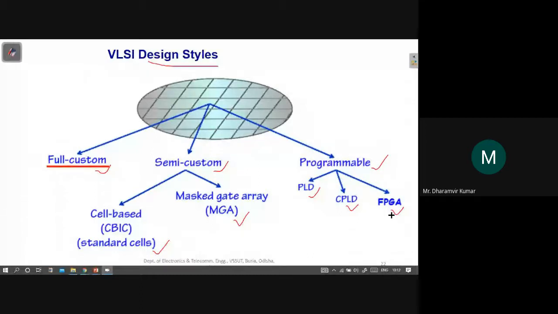So there is a trade-off between the performance that you get from a particular design flow, and the cost and time that it takes to design the whole process.